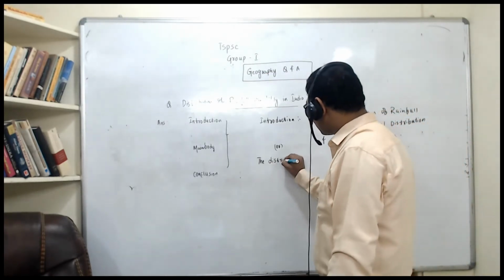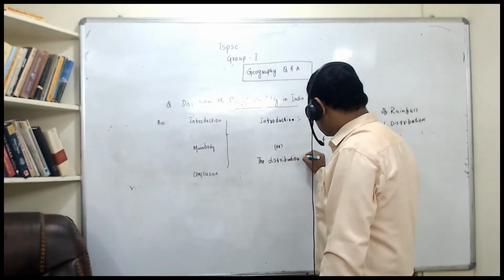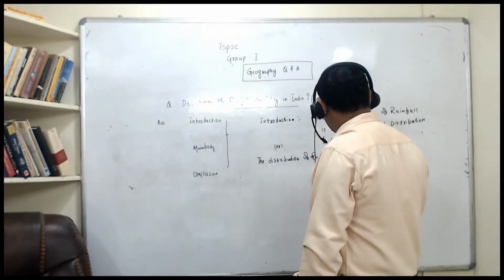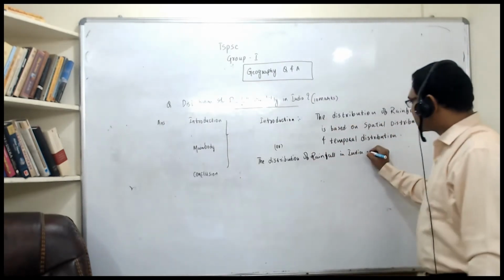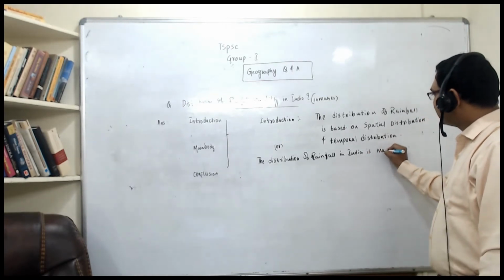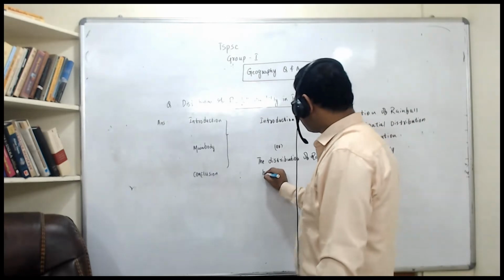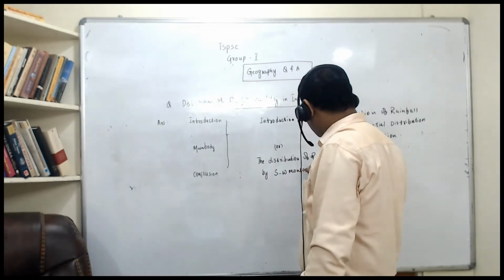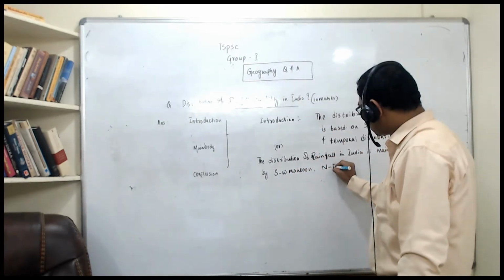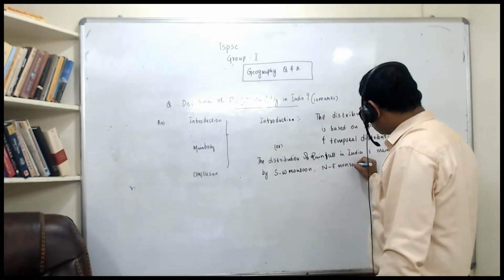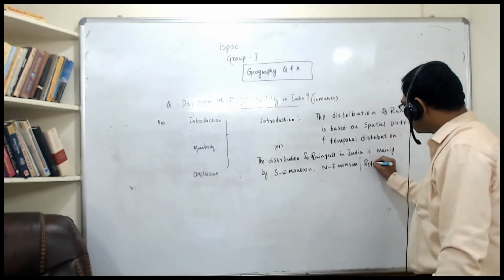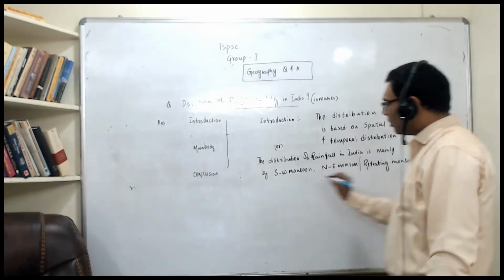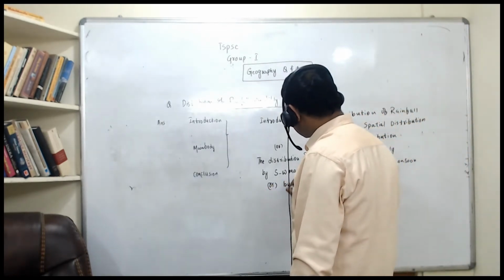So the distribution of rainfall in India is mainly by southwest monsoon, northeast monsoon, retreating monsoon, or by western disturbances.